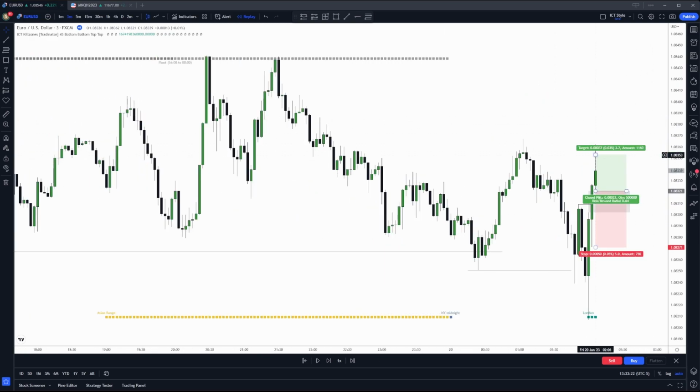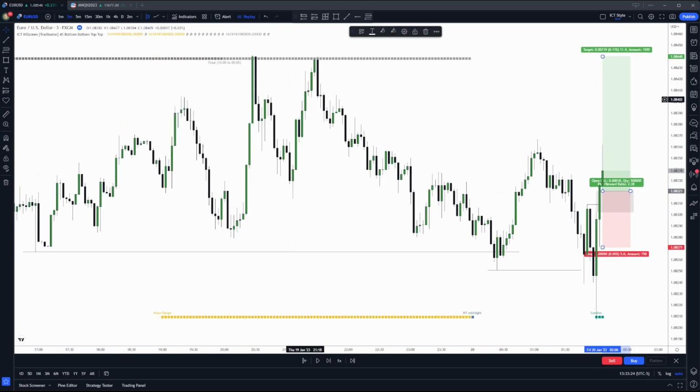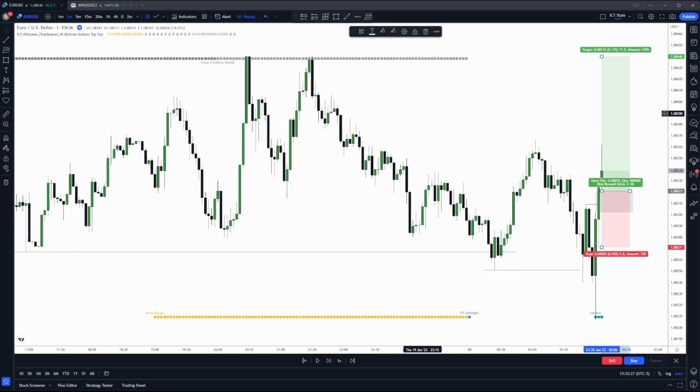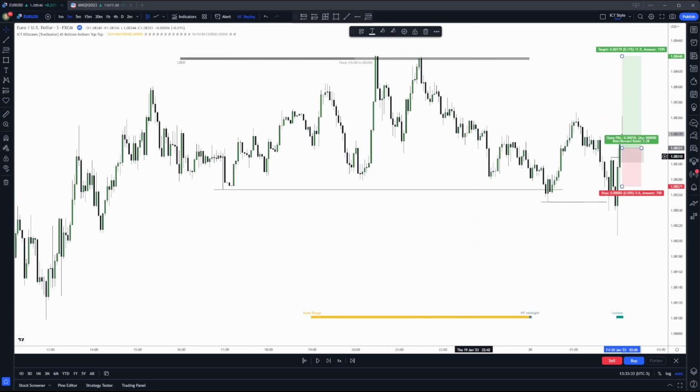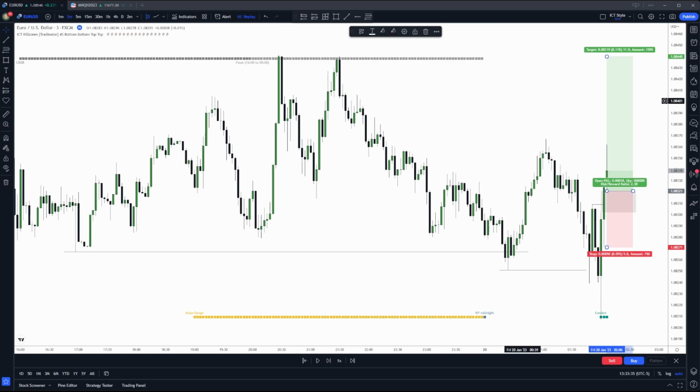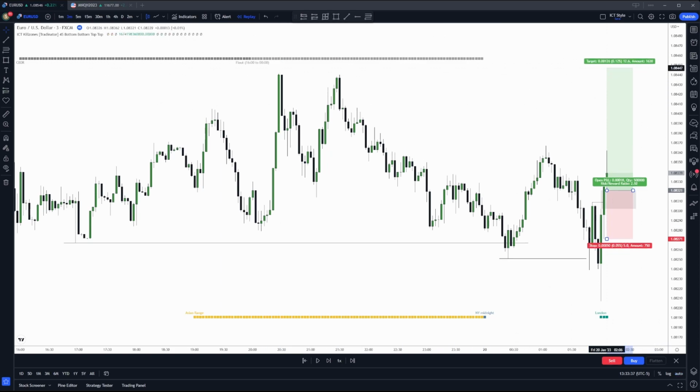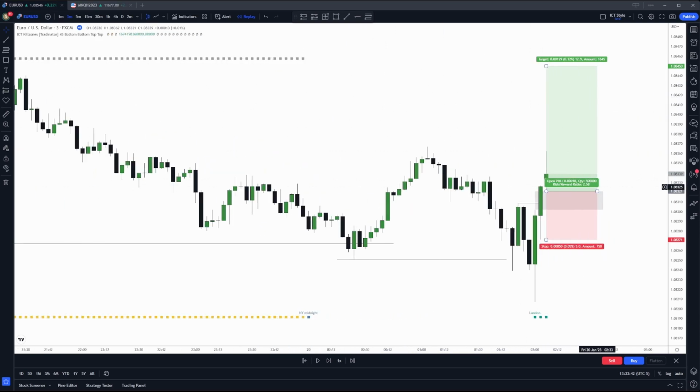And then for the target, we can go wild and target those highs, but I think these equal highs will be quite a decent point. Plus we are quite high up in the leg, so I would probably target this, or perhaps try to take 2.5R out of this, which is near those levels.